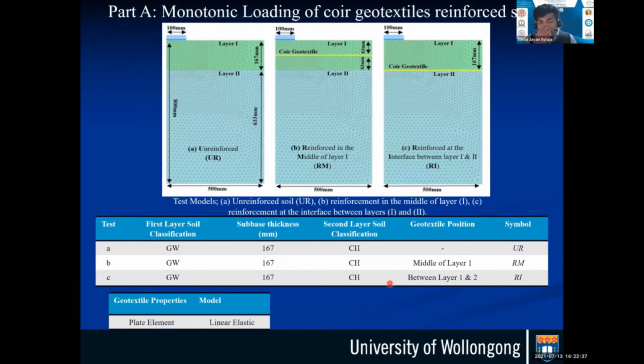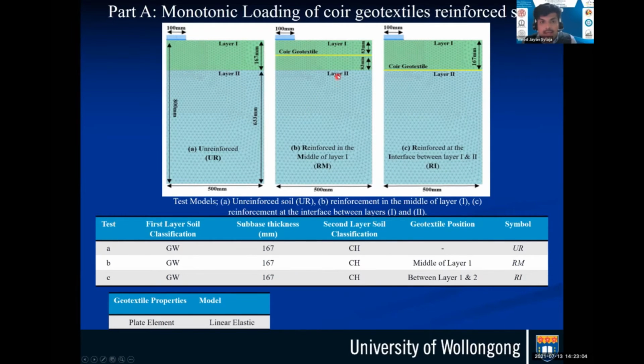I divided that into part A and part B. In the first part, we look very quickly at the monotonic loading, which we carried out basically to calibrate the model. We have three different conditions to look at. The first one is the unreinforced, where layer 1 is considered a sub base and layer 2 a subgrade.